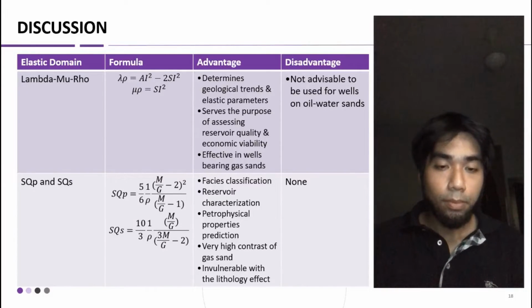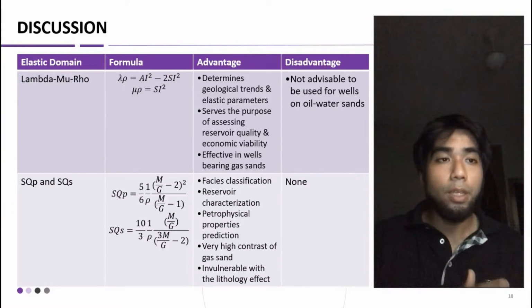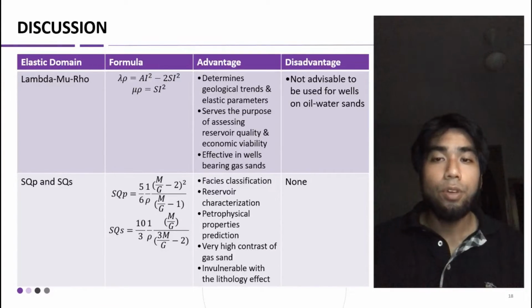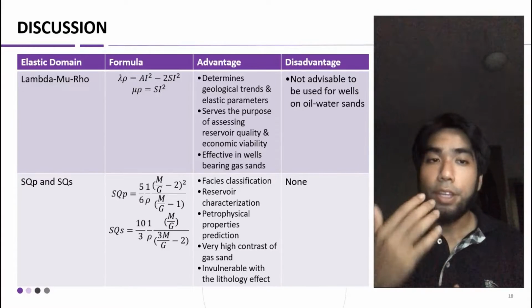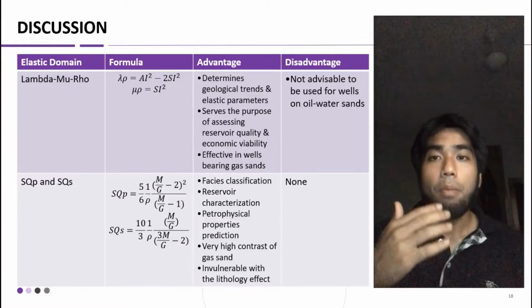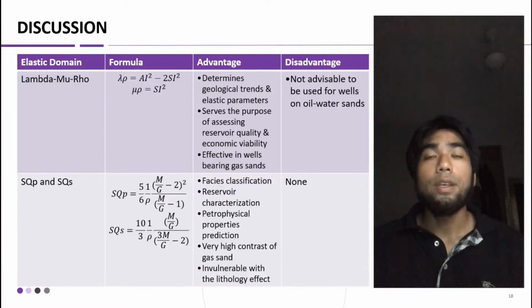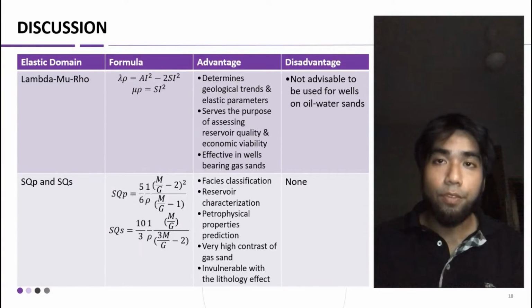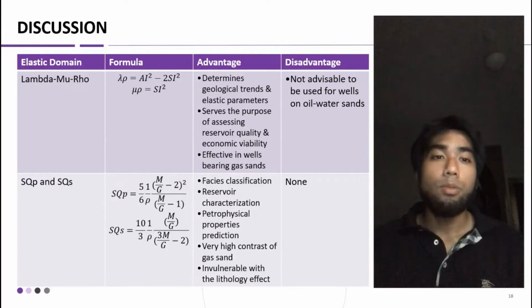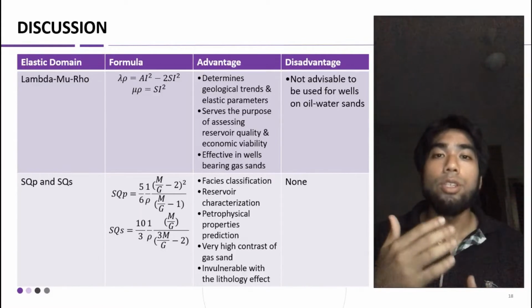So for SQP and SQS, it has the advantage of classifying phases, reservoir characterization, petrophysical properties prediction, very high contrast of gas sand, and it is invulnerable to the lithology.